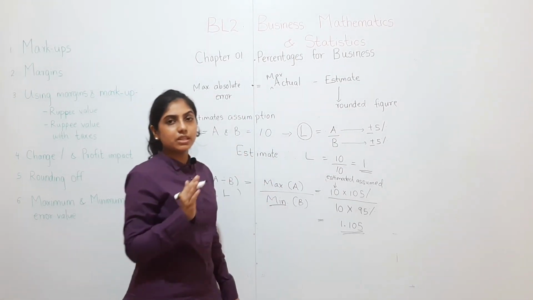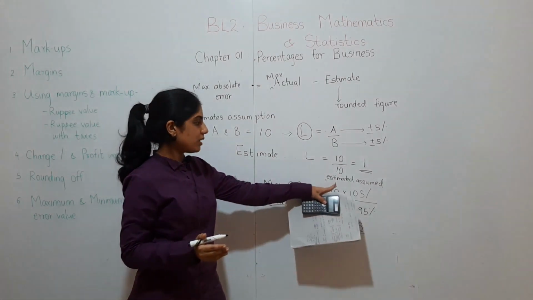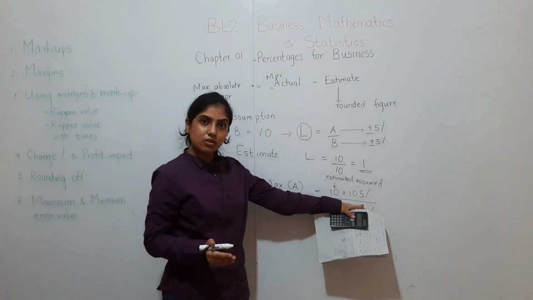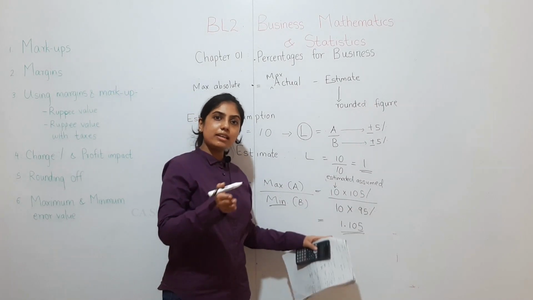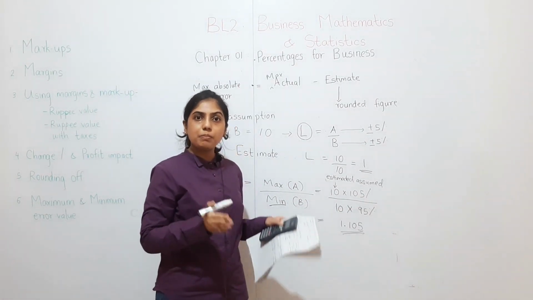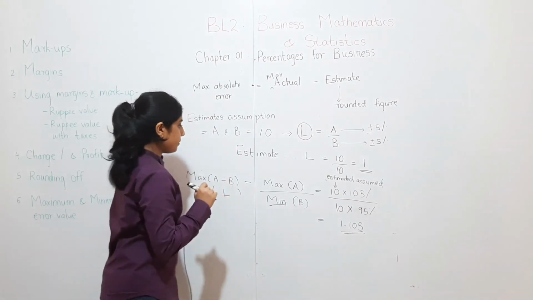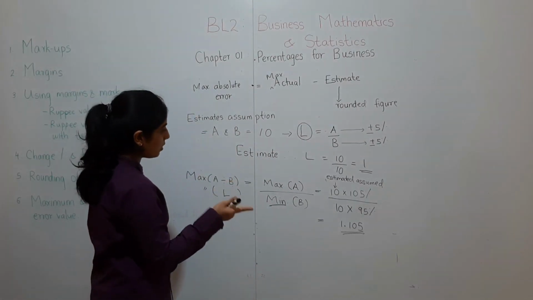Always remember that, don't confuse it. Always 10 multiplied by 105% means you are adding on to 10, which is the estimate, plus error.